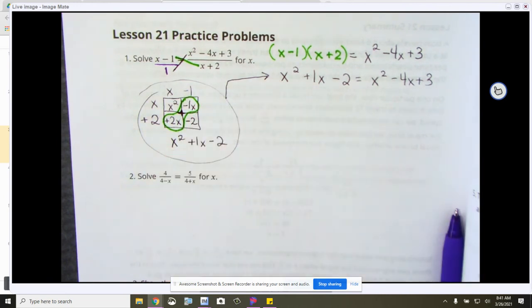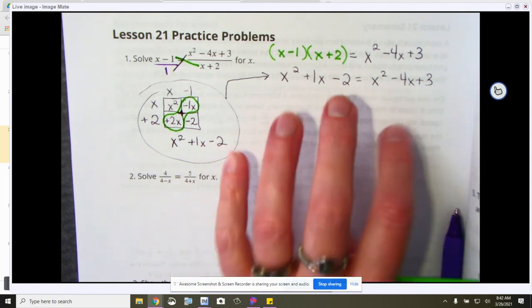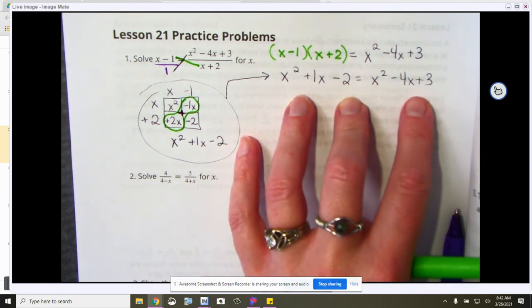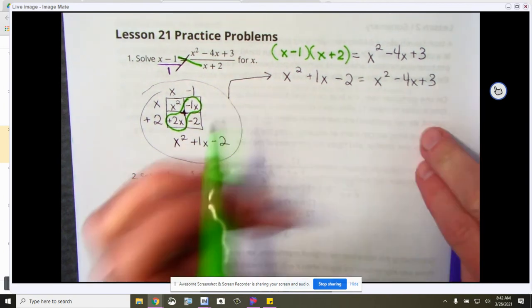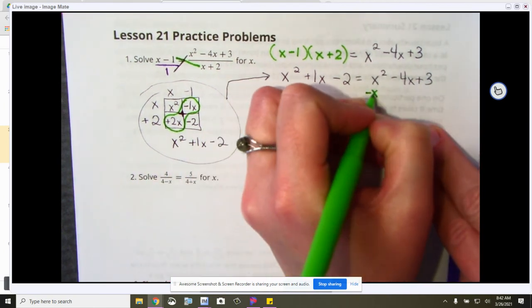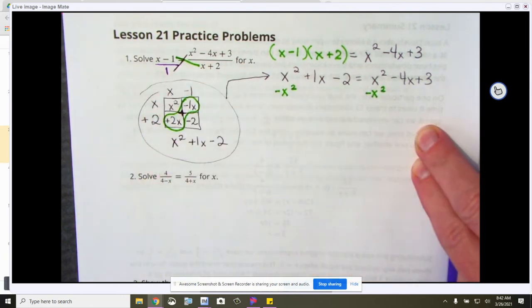Right now, everything on either side is actually just adding and subtracting different terms. So if I have an x squared on both sides, it's adding and subtracting. So I would subtract that x squared on both sides.